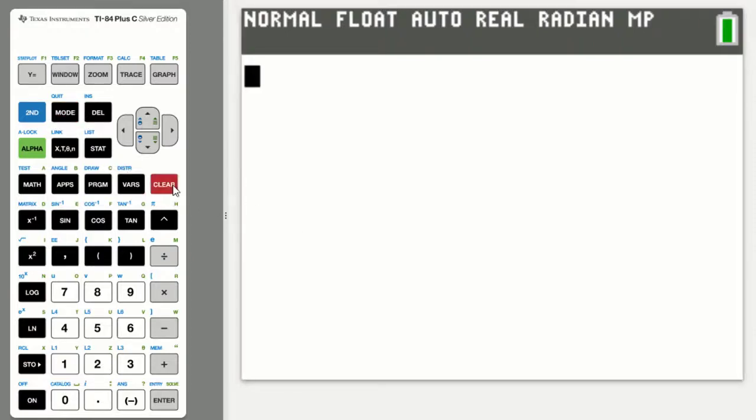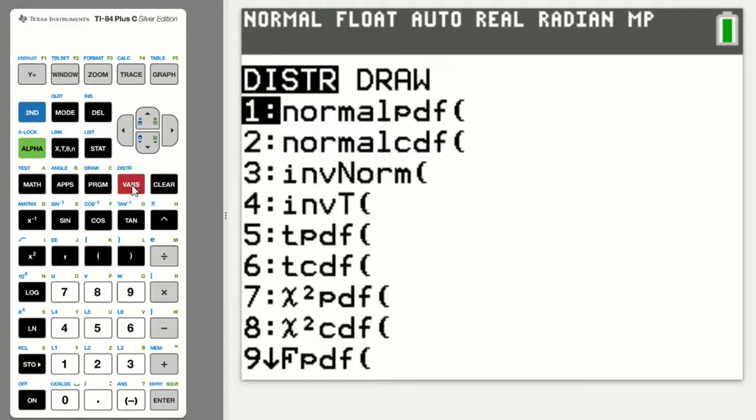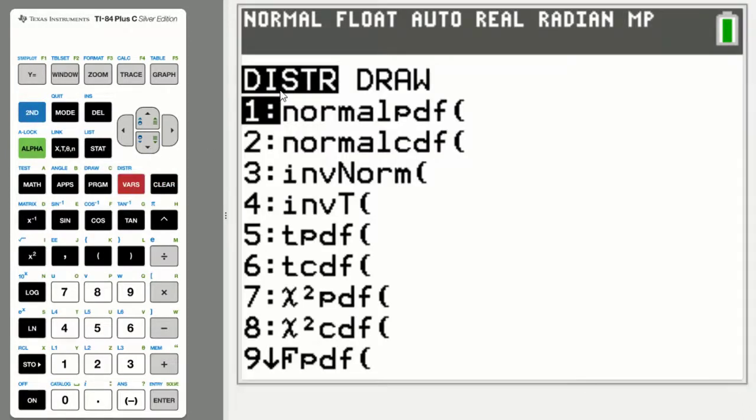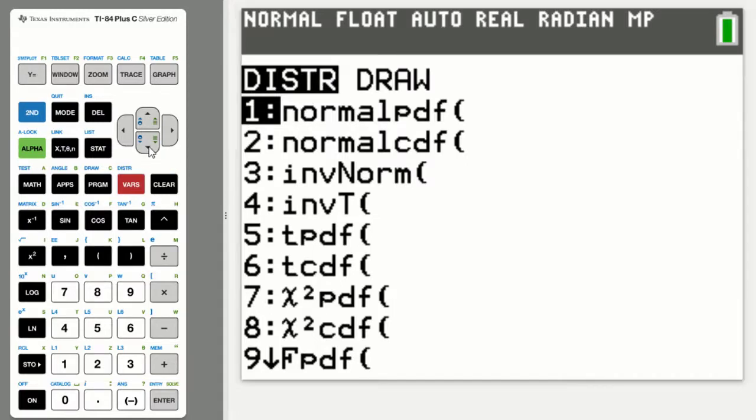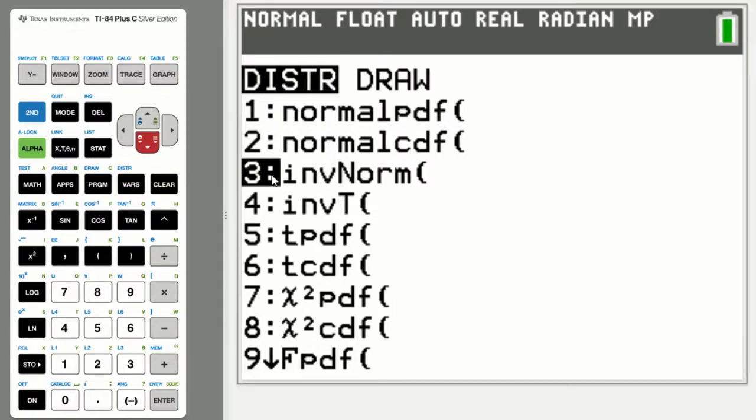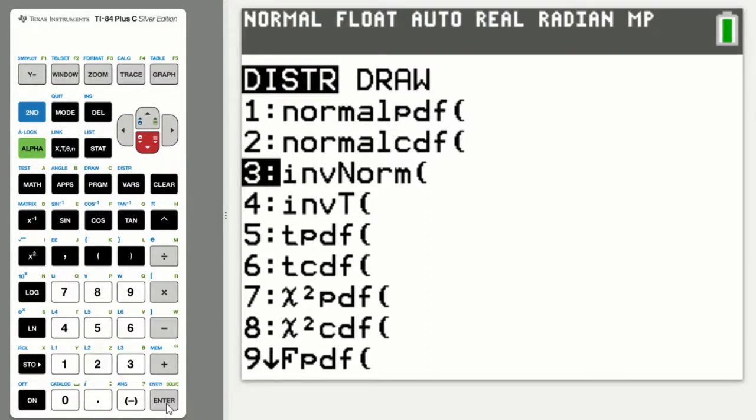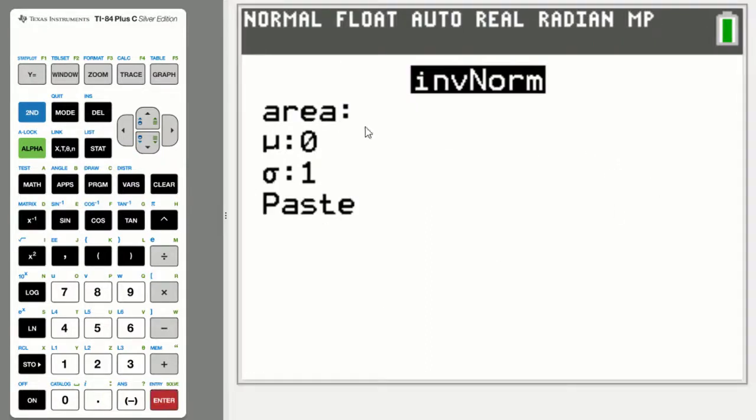You can also do the same thing on the TI-83 or 84 calculator by calling the InvNorm program. To get there, we go 2nd, VARS, which brings up the menu for all the distribution functions for statistics. Let's now scroll down to option number 3, invNorm, enter. So the area that you have seen I entered in the Microsoft Excel file can now be put here.